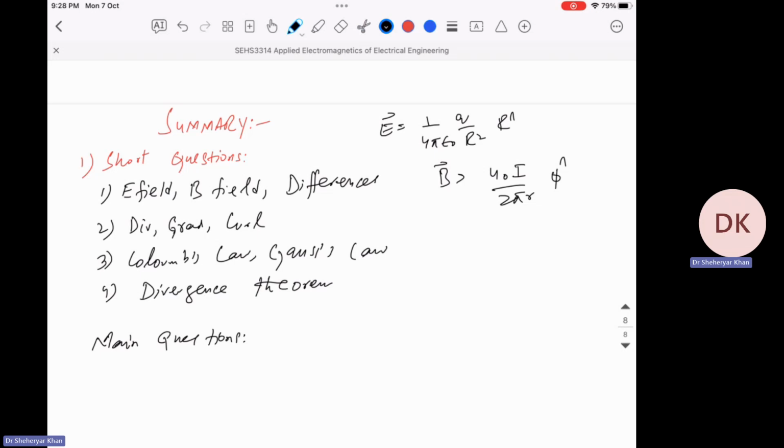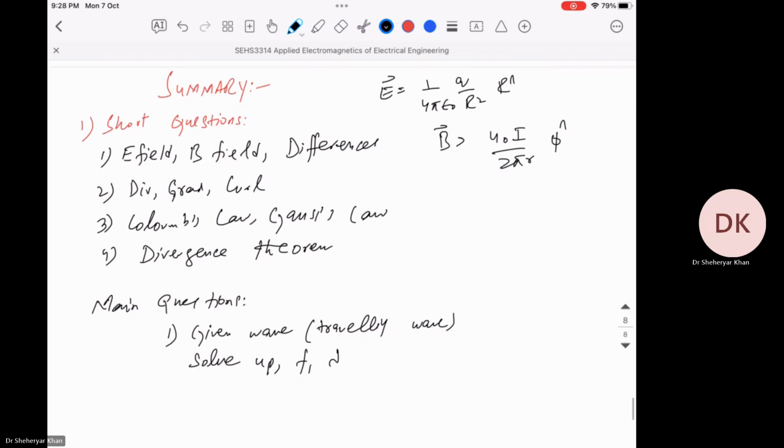So what could be the main questions? For example, you are given a traveling wave. You can solve it for, let's say, the velocity, frequency, wavelength, or for a lossy medium.